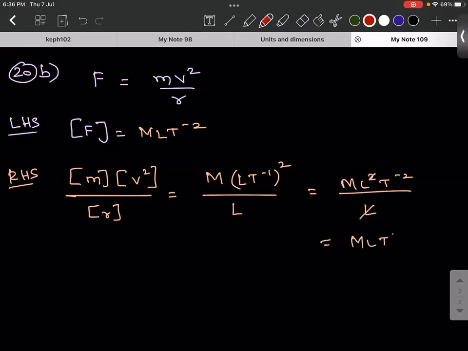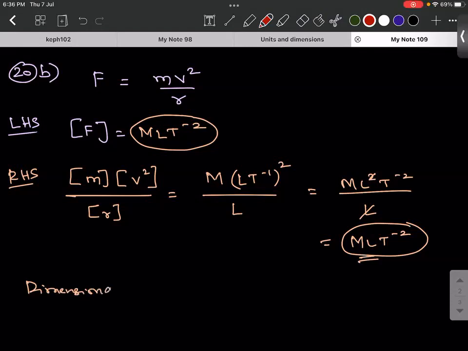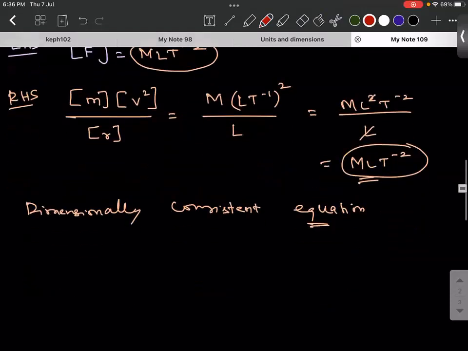You get MLT minus 2. So LHS is equal to RHS. So this equation is a dimensionally consistent equation. You call it a dimensionally consistent equation.